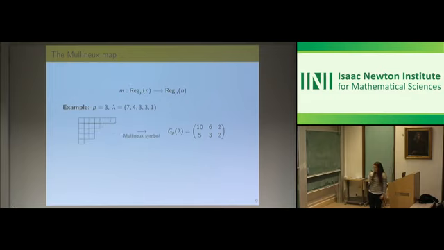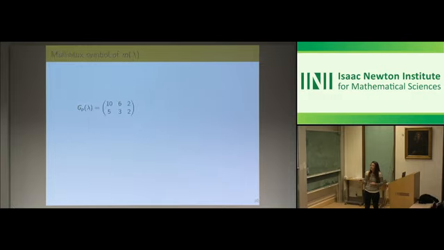So let's start. I started with a partition lambda. I define its Mullineux symbol. Then the Mullineux map is defined by the Mullineux symbol of the Mullineux of lambda. So I take this symbol, I modify it a little. How do I modify it? It's just a little operation.